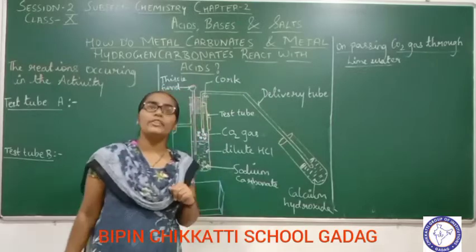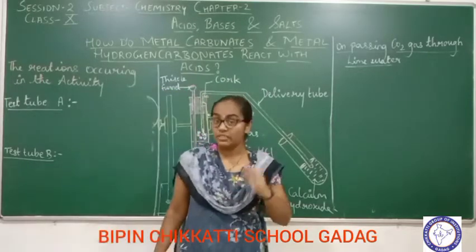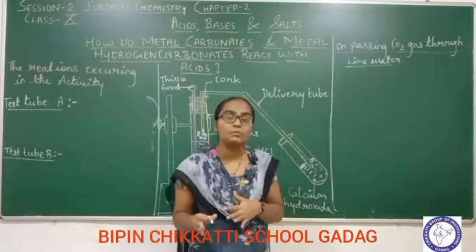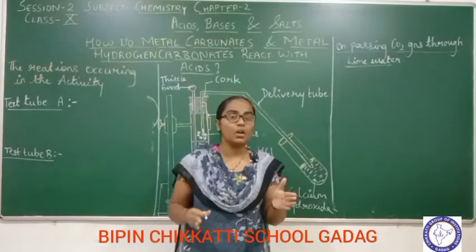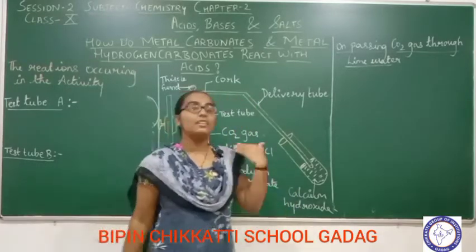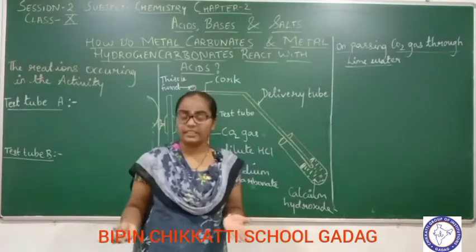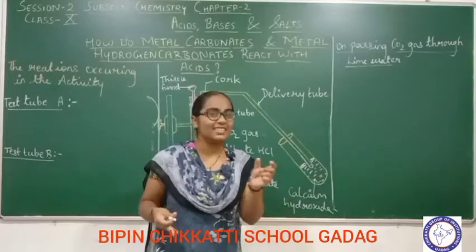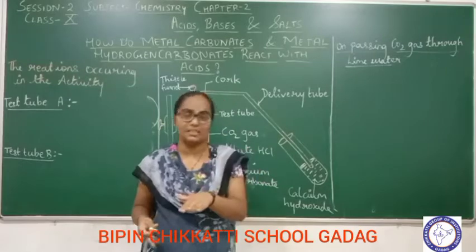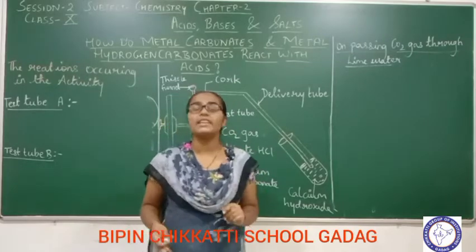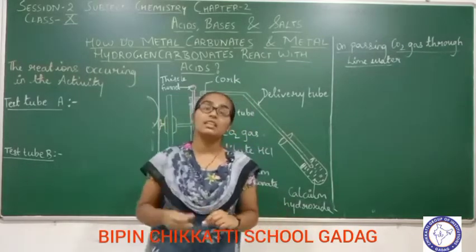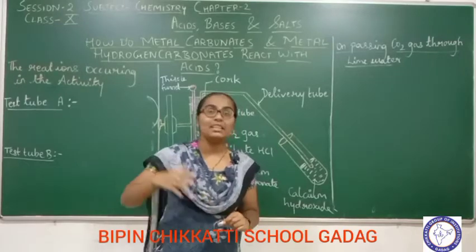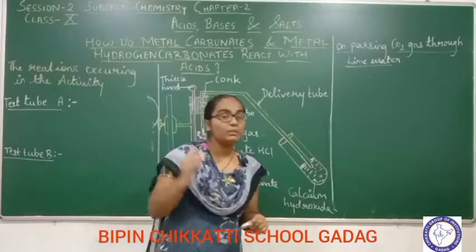Okay, now in the first session, what did we study? In the first session we studied the reaction between a metal like zinc with the acid and the metal with the base, right? Apart from that, we also studied a little basic introduction to acid and base. But the main reaction we studied was the reaction between metal and acid and between metal and bases.